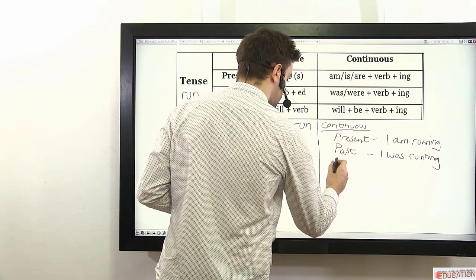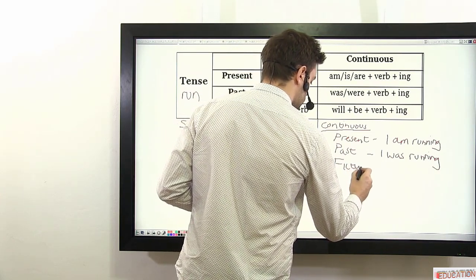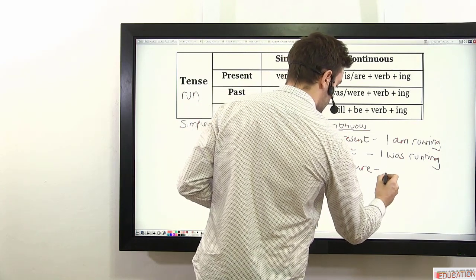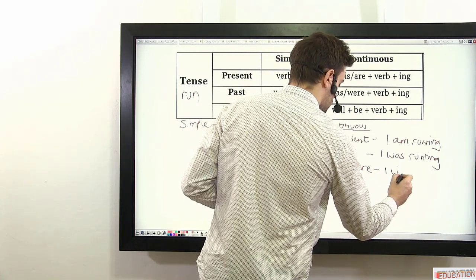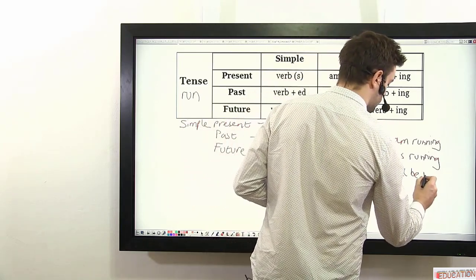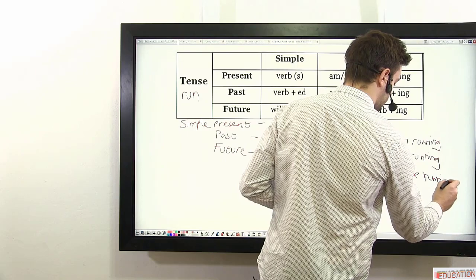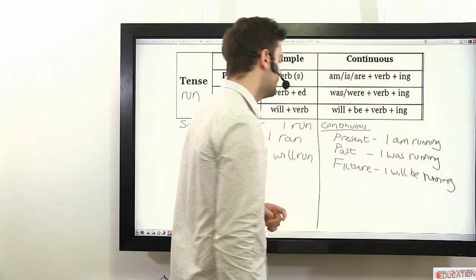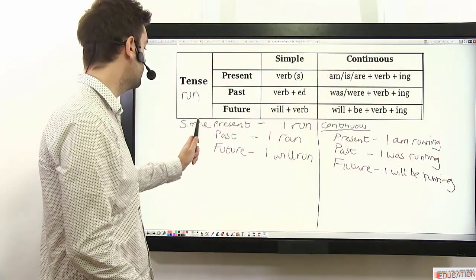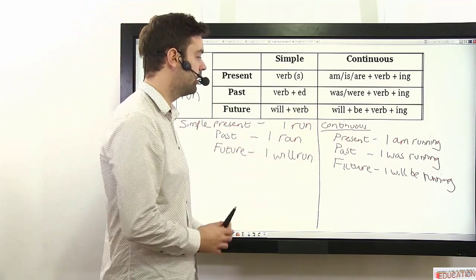And future, I will be running. So we've got the simple present, past and future: I run, I ran, I will run.